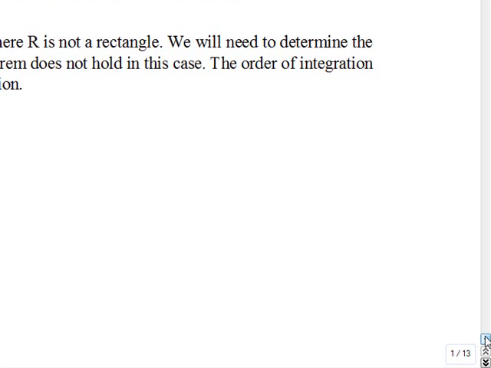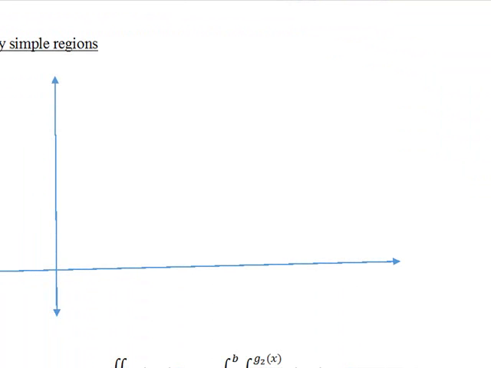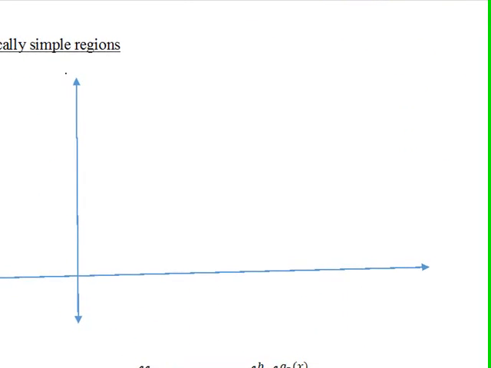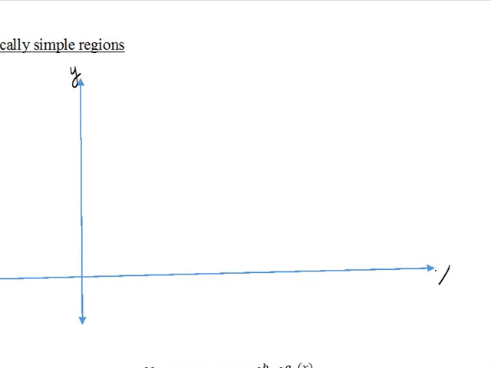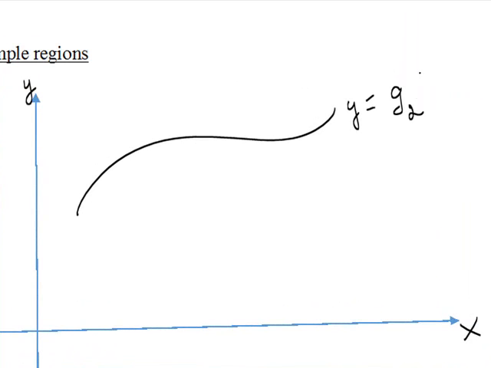Let us first look at a vertically simple region. Okay, what is a vertically simple region? So let's draw. So this is y and this is x. And this is y equals g2 of x, that's that curve.